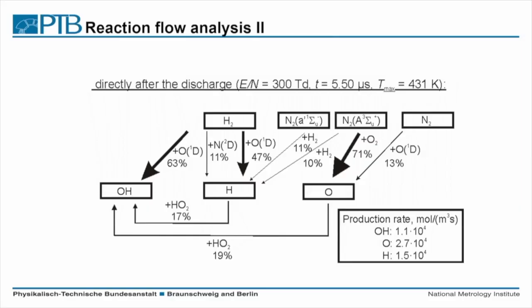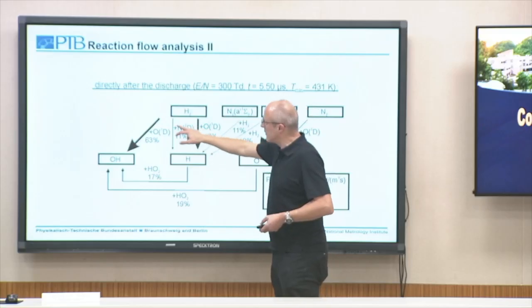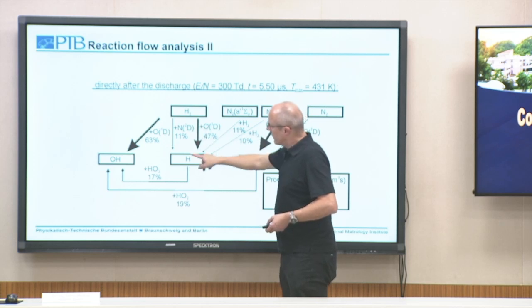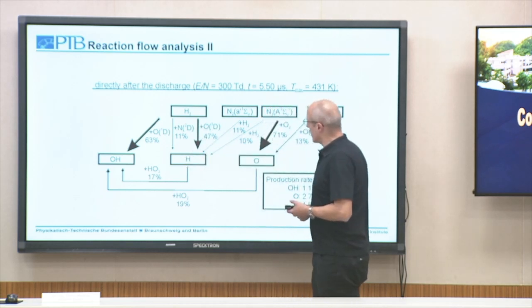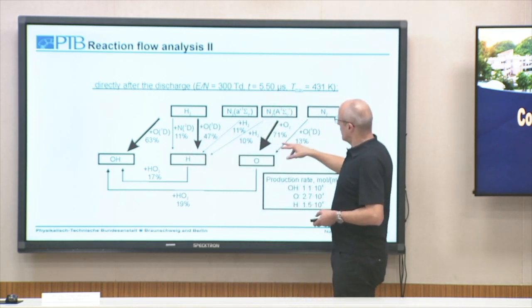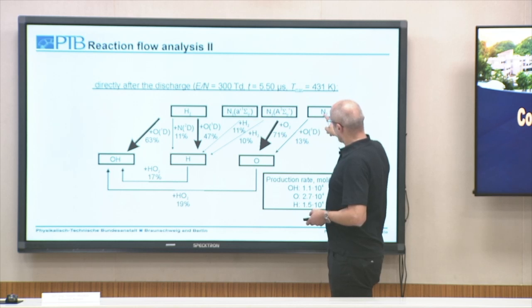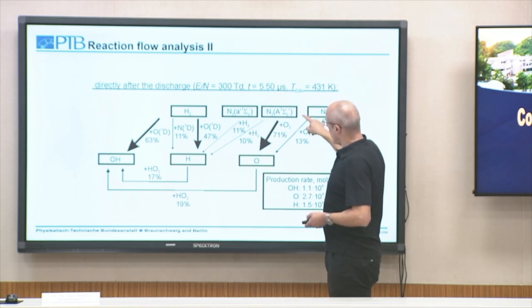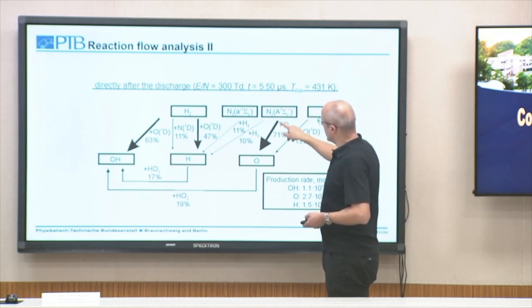We see that the radicals are formed by collisions, for example for hydrogen, of a hydrogen molecule with excited species, with this excited nitrogen, for example, leading then to atomic hydrogen. This is also important here, for example, for oxygen.